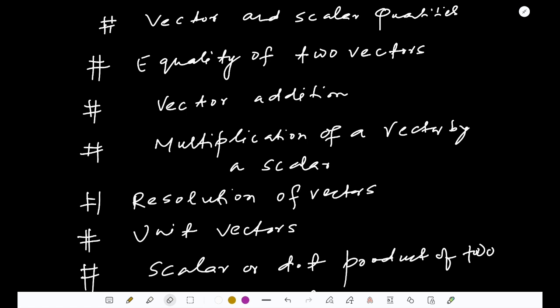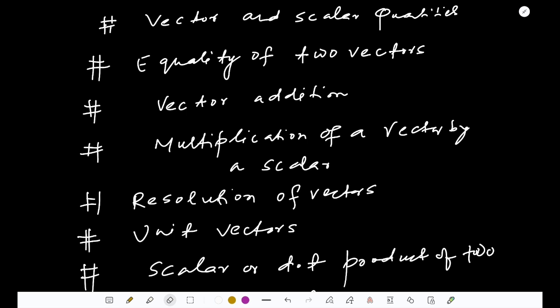And then we will discuss vector addition. And then we are going to define the vector quantities. In fact, not earlier than this. Then we will define multiplication of a vector by a scalar. Subtraction is not defined for vectors. Vectors undergo addition or multiplication only.